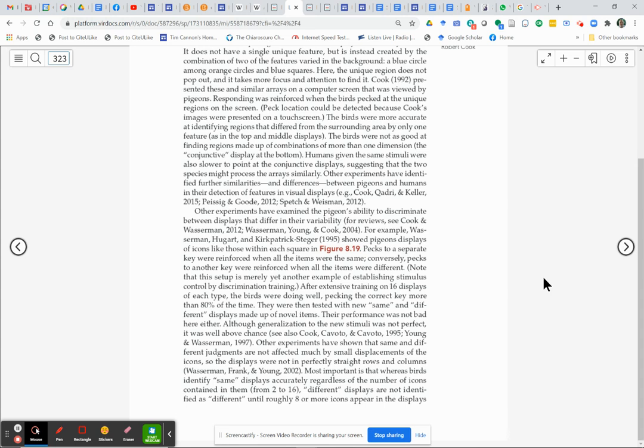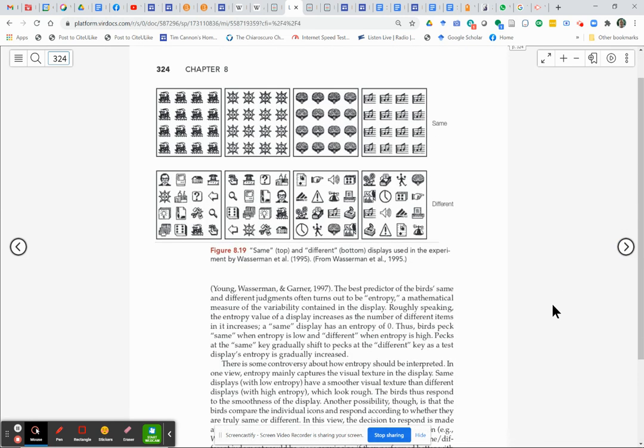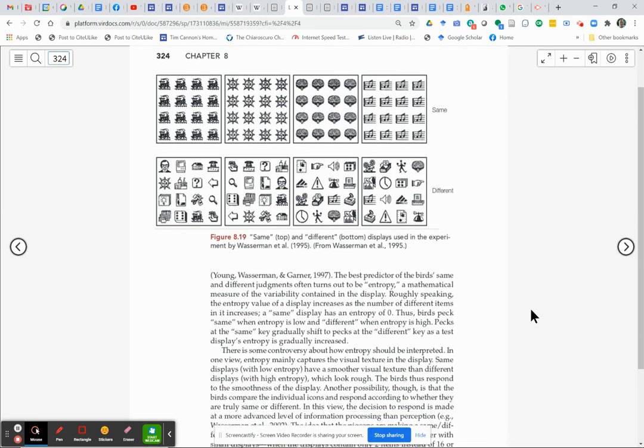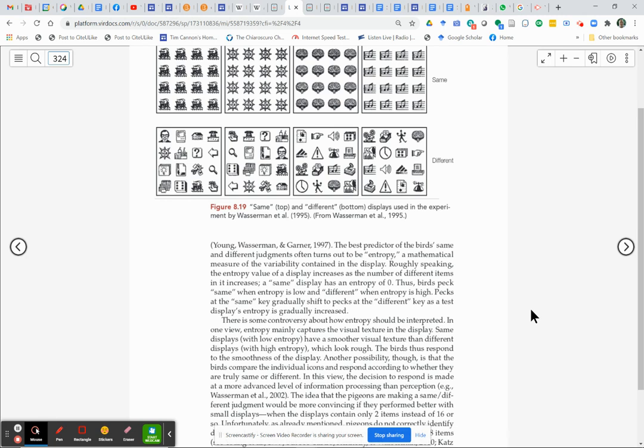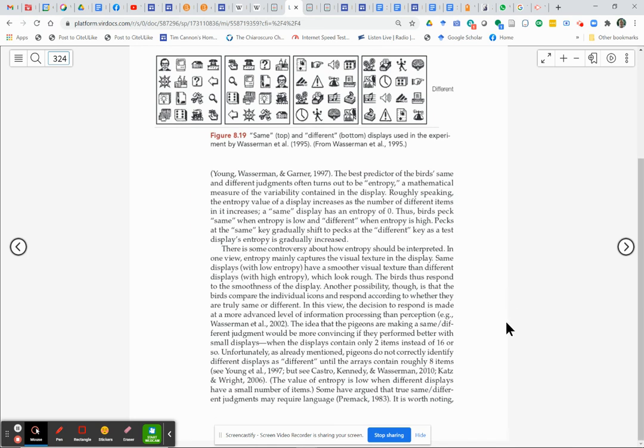You can't see in the animal's mind, but you can pretty much have evidence of what elements of the stimulus they're responding to. And then these are different displays, that are either same or different, and entropy, randomness, captures visual texture, and nice research, nice discussion.